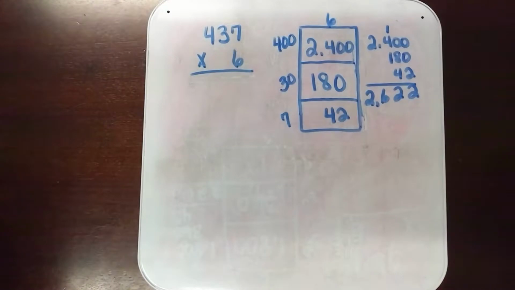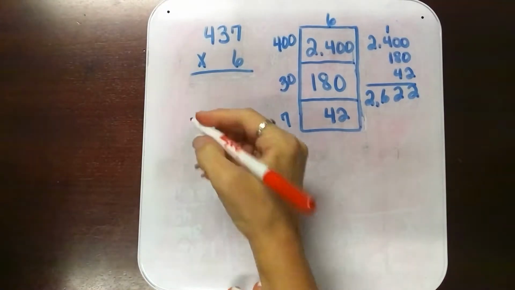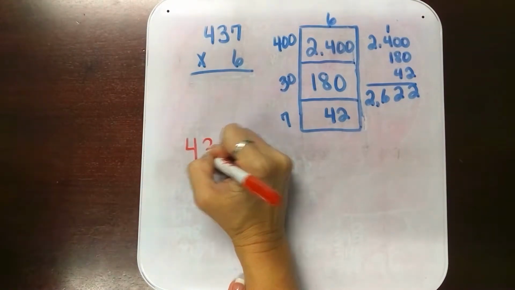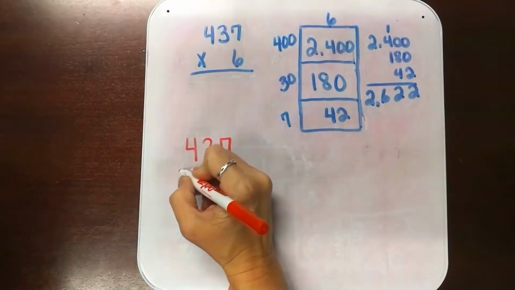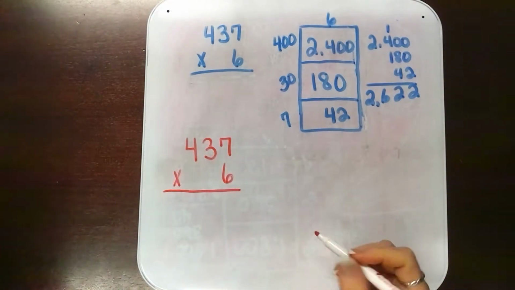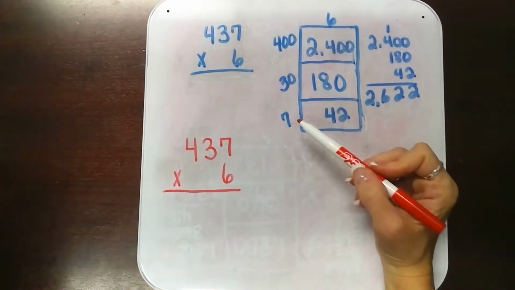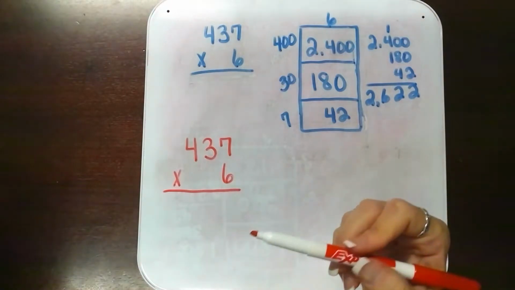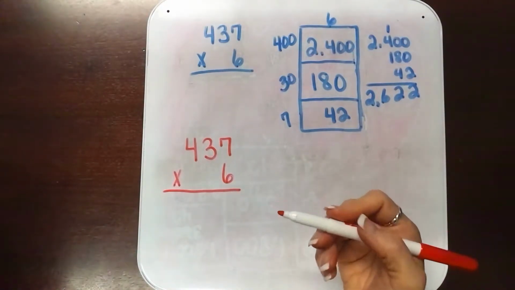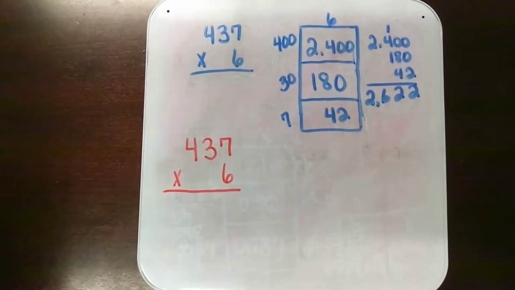All right, so let's go ahead and talk about partial products then. So we're going to do the same exact problem with students. Okay? And we're going to talk to students about when we solve problems using partial products, we're going to go ahead and use the standard algorithm movements.